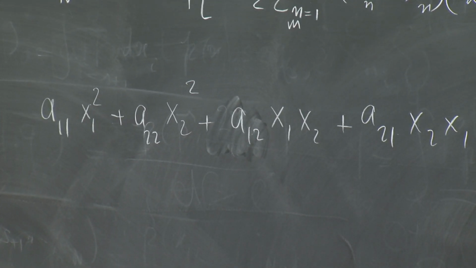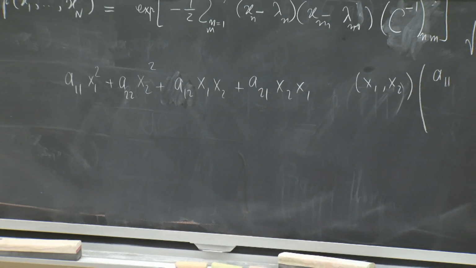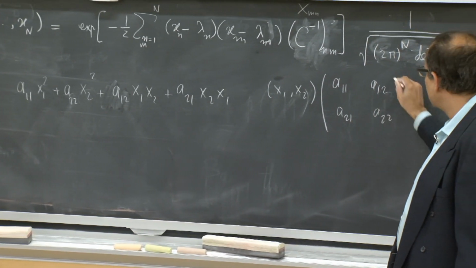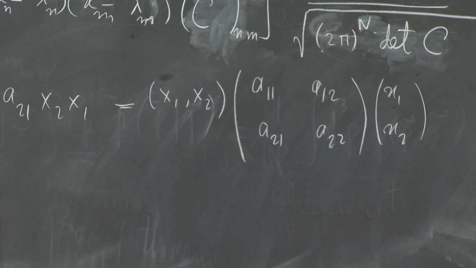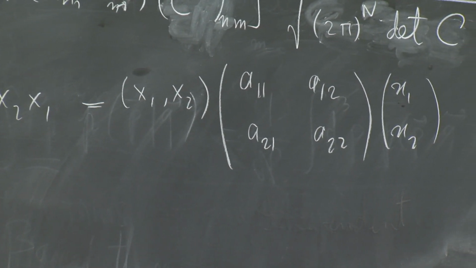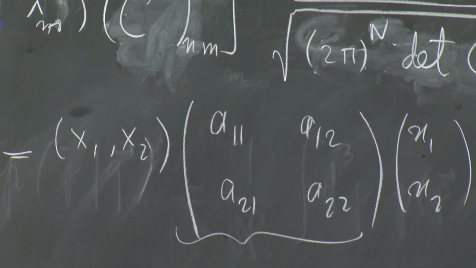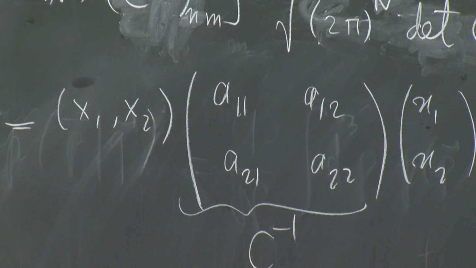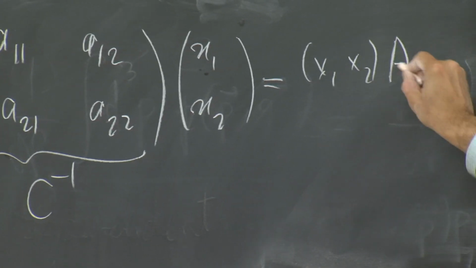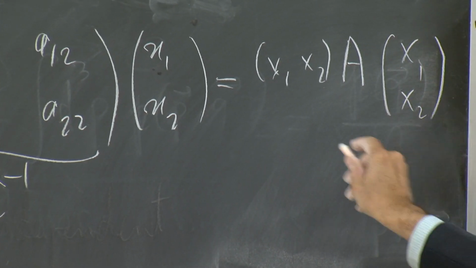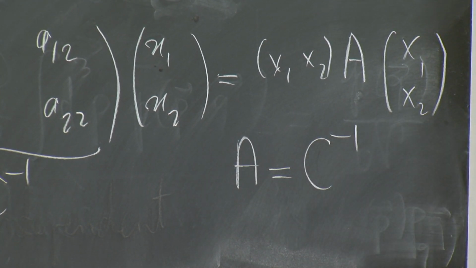So I can regard this as x1, x2, the matrix A11, A12, A21, A22, then x1, x2. This is exactly the same as that. These objects are the elements of this matrix C inverse. So it is x1, x2, some 2 by 2 matrix A, x1, x2. The name I have given to that 2 by 2 matrix is C inverse.